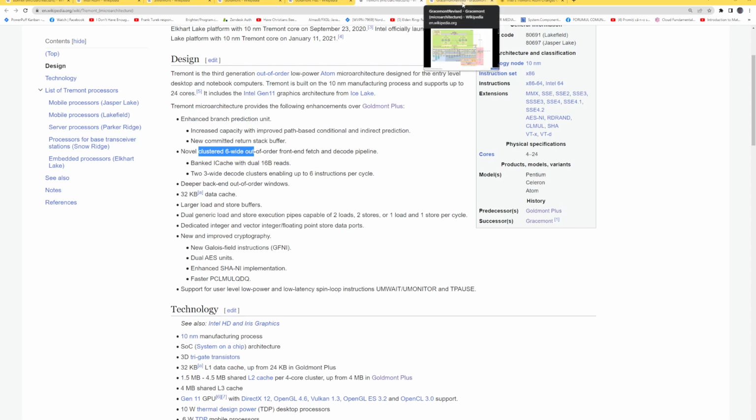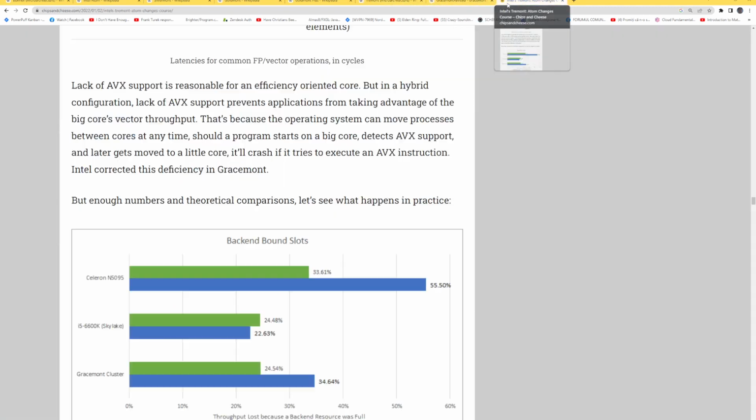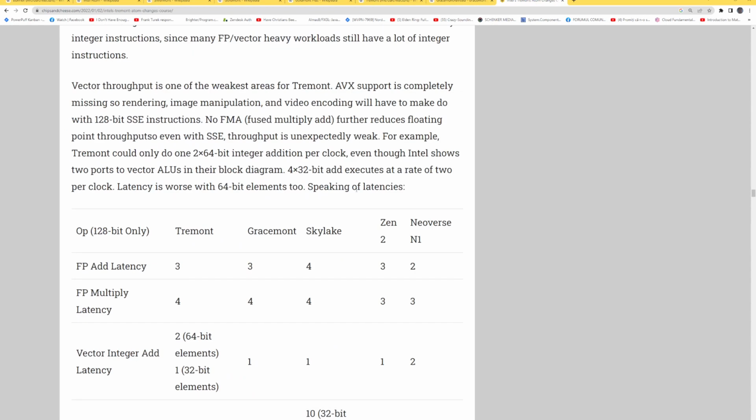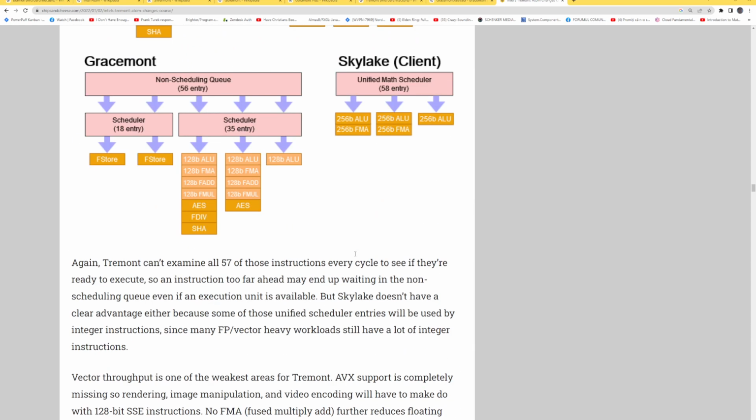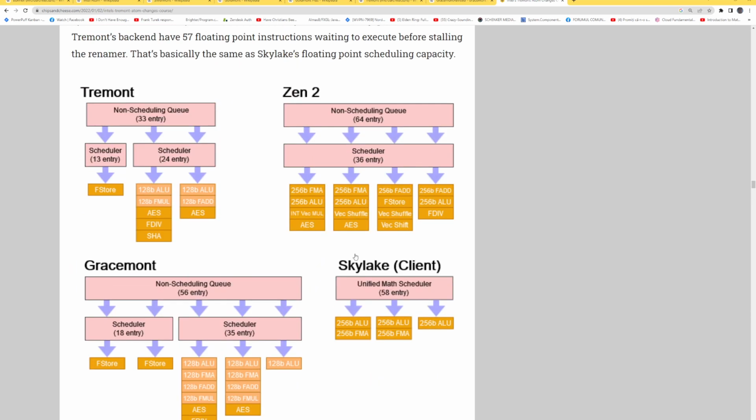And what is in the Atom now is that it's already one league ahead. So Tremont, which was before, and in Atoms you could see that all the operations, even in floating point, are kind of in the same league as Zen 2, which is in PlayStation 5. So these are very important cores.